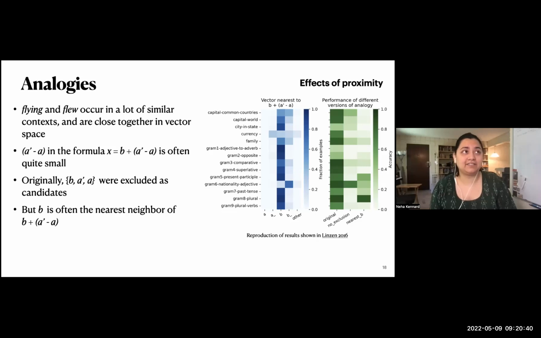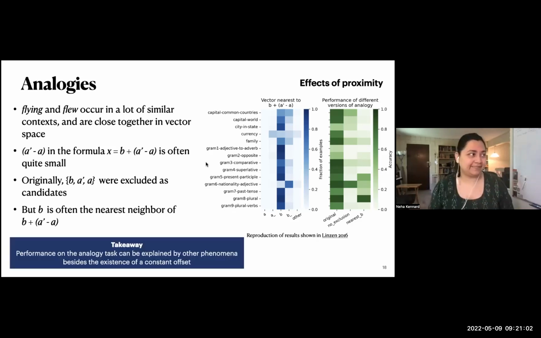You can see that the score drops everywhere. And for some examples, like plurals, a word and its plural are so close together that B prime is always the nearest neighbor of B. So you get very high accuracy that way. So it's a little disappointing.